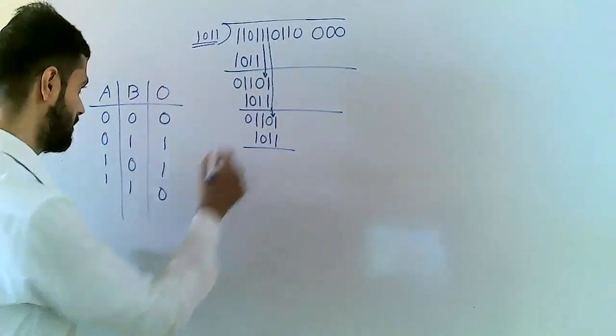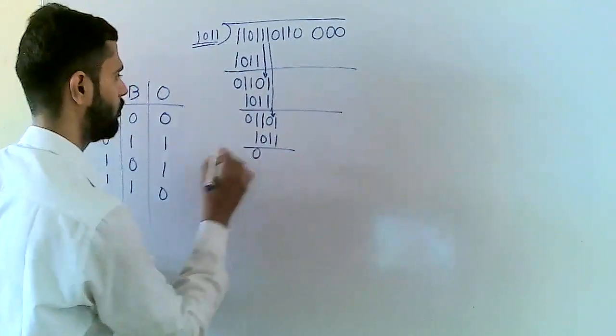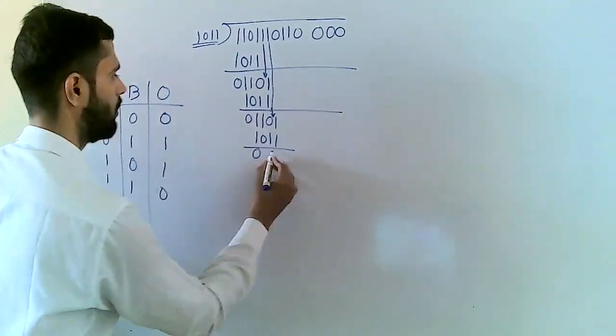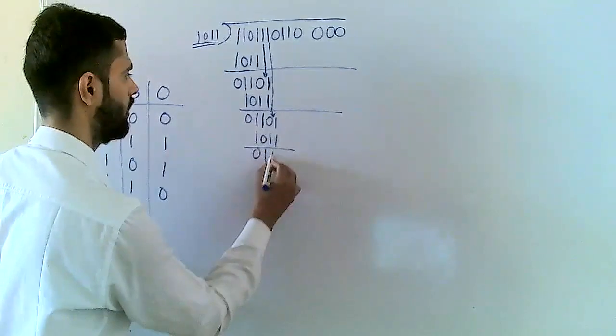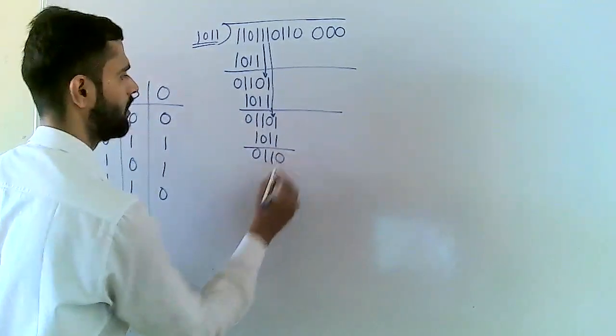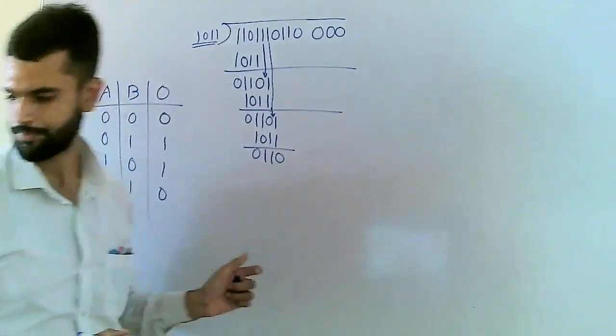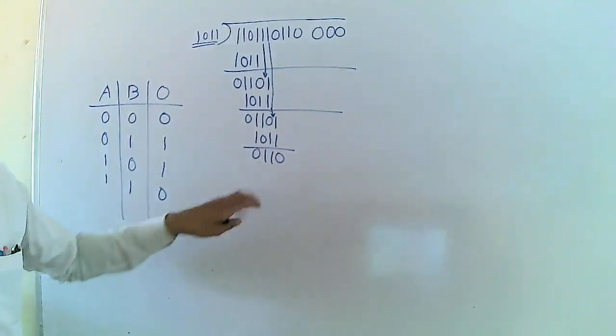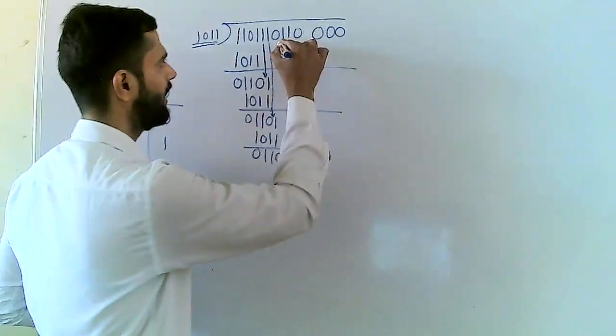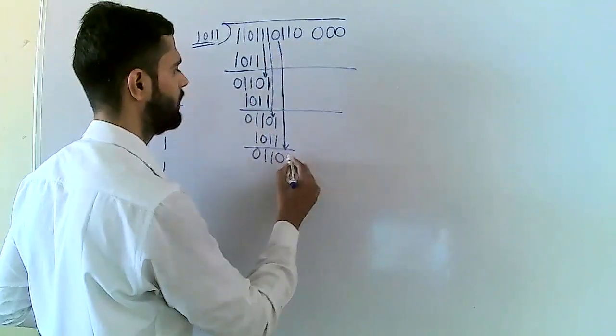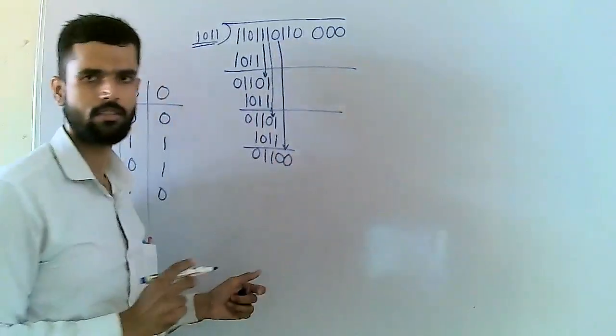So again solve this. That is, if both the values are 1, then output is 0. For 1, 0, 1. For 0, 1, that is 1. For 1, 1, that is 0. Okay. So again, we have to take this bit, that is 0.